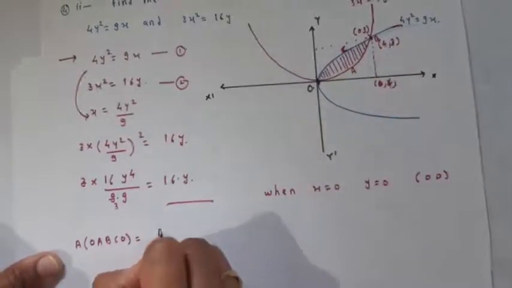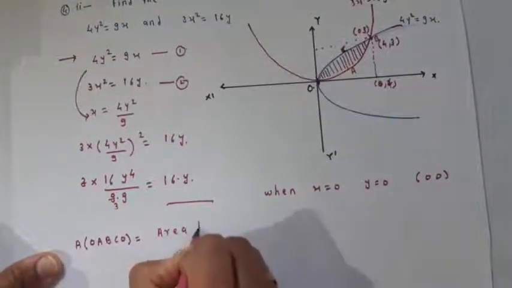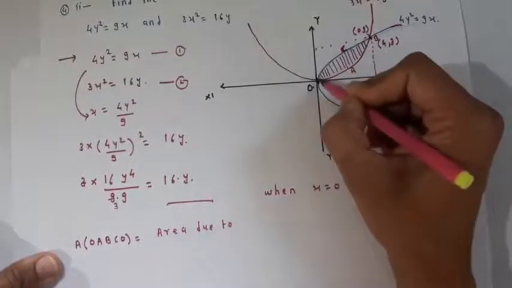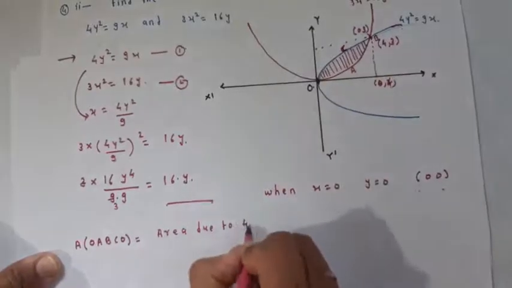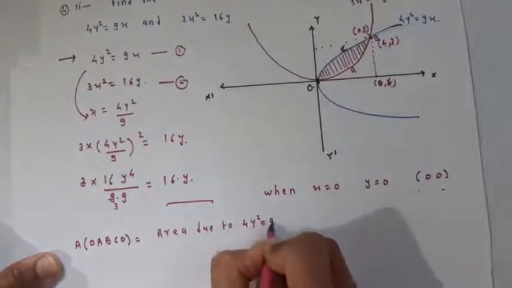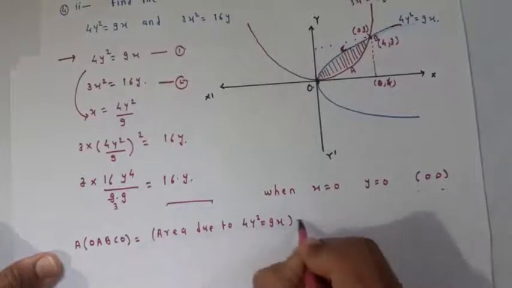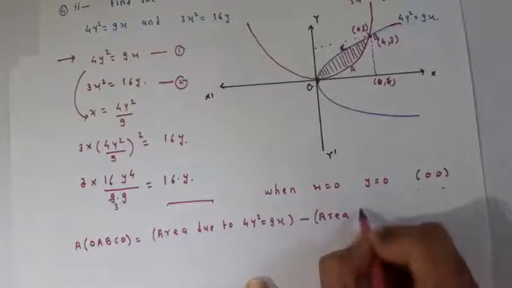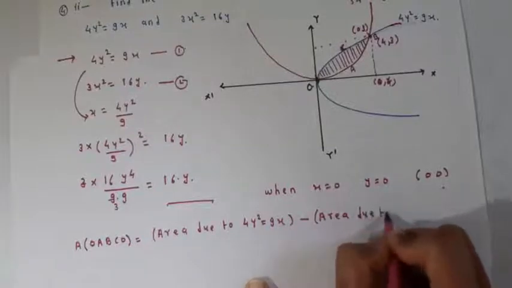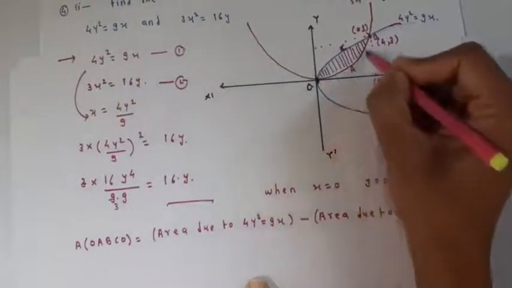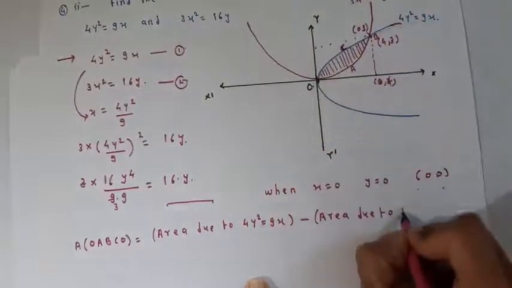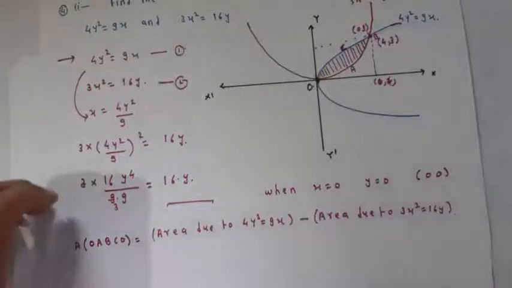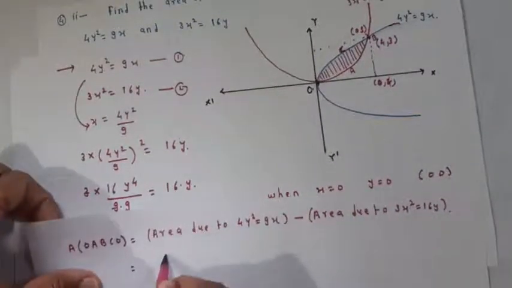The upper curve is this parabola, 4y square equal to 9x, minus the area due to the lower curve, which is 3x square equal to 16y.